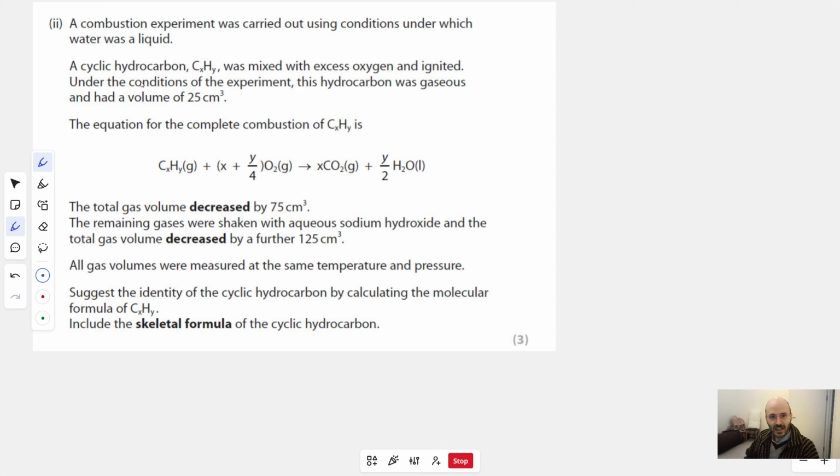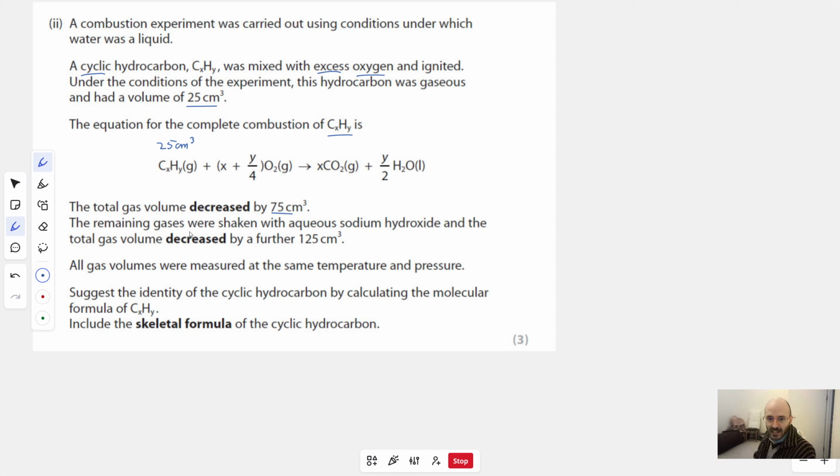A cyclic hydrocarbon was mixed with excess oxygen. This hydrocarbon had a volume of 25 cm³. The complete combustion is that one, so you have 25 cm³ of this. The total gas volume decreased by 75 cm³ when the reaction happened.